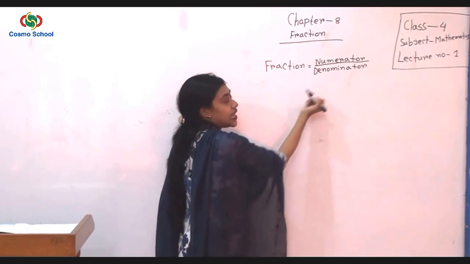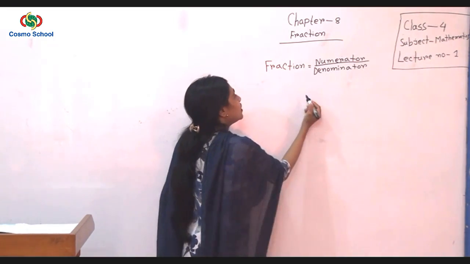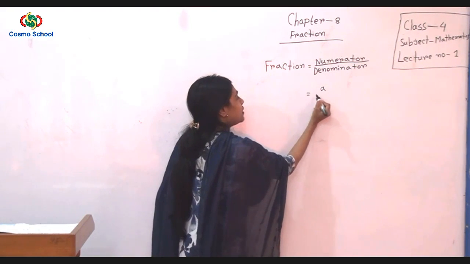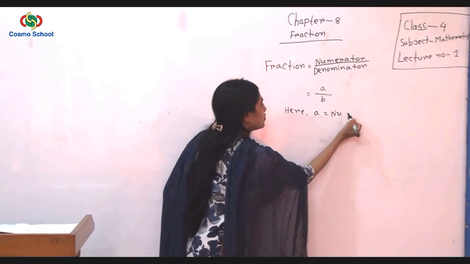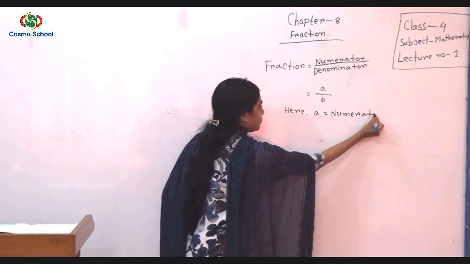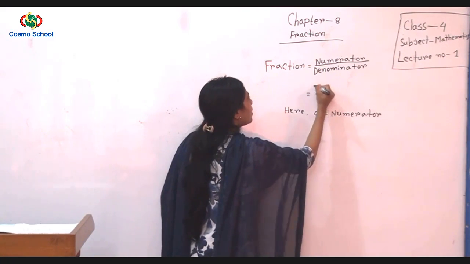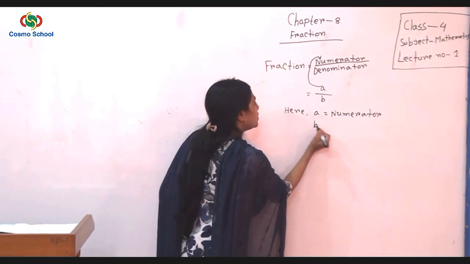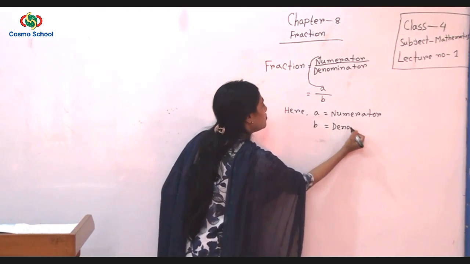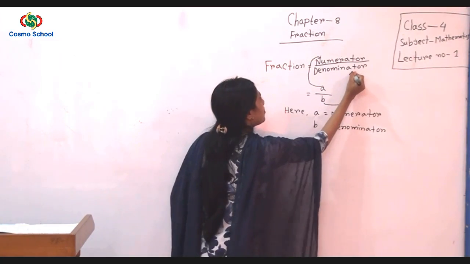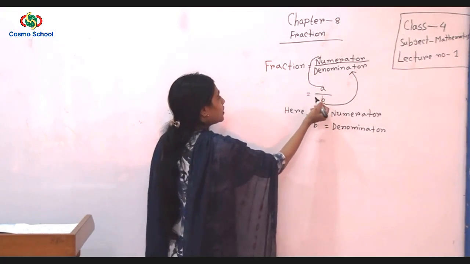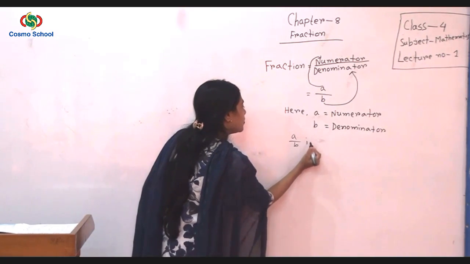Numerator and denominator is separated by the division sign, such as a by b. A is the numerator, which is upper part, B is the denominator, which is lower part. So I can call A by B is a fraction.